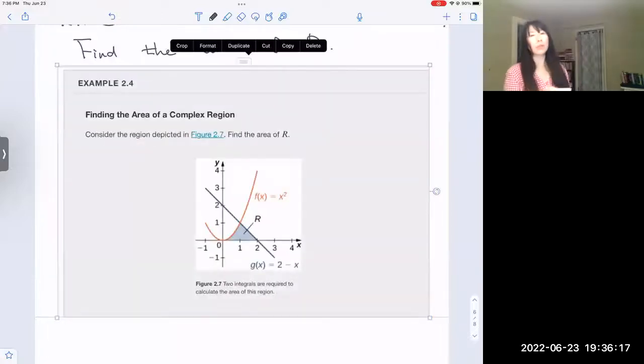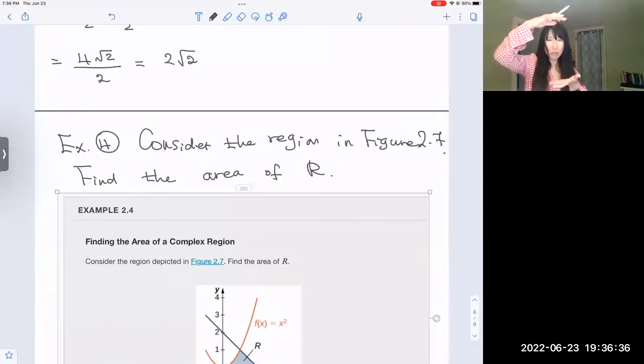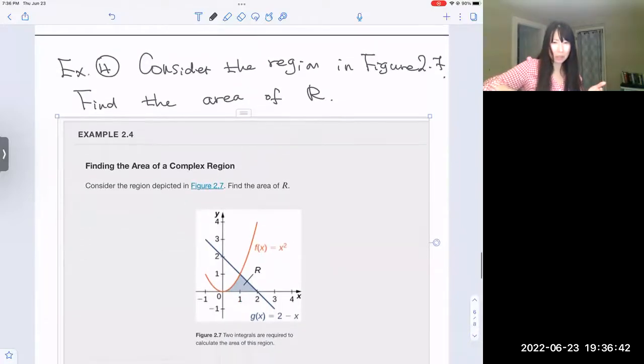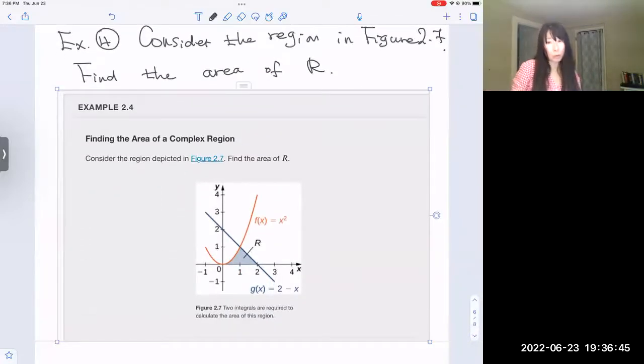Earlier, we could obviously see top minus bottom, right? This one, the area between curves is not clear, right? What do we do in this region?